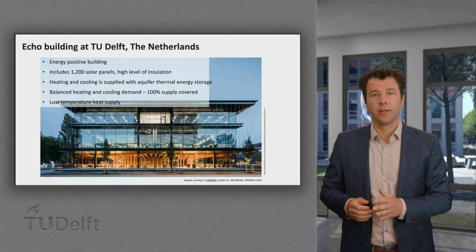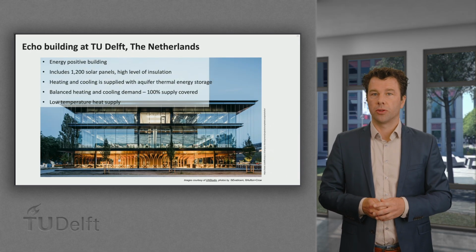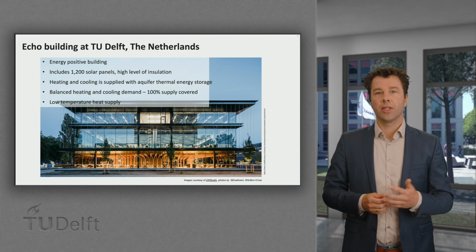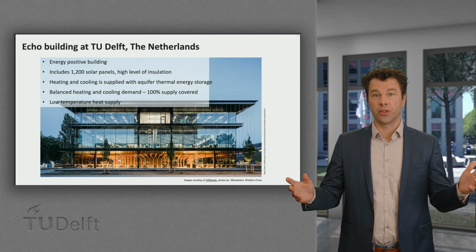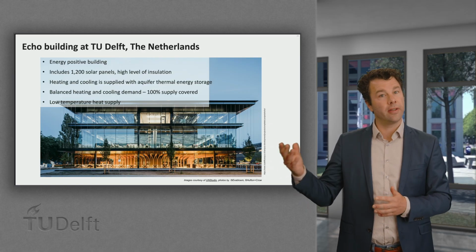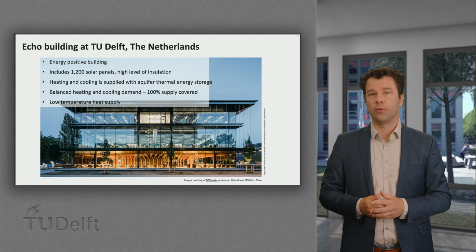The second project is a moderately large education building on our TU Delft campus called ECHO. The building is designed to be energy positive, which means that it not only covers 100% of its own energy need, but also provides energy externally. The building is highly insulated, reducing the required heating and cooling and the required supply temperature.